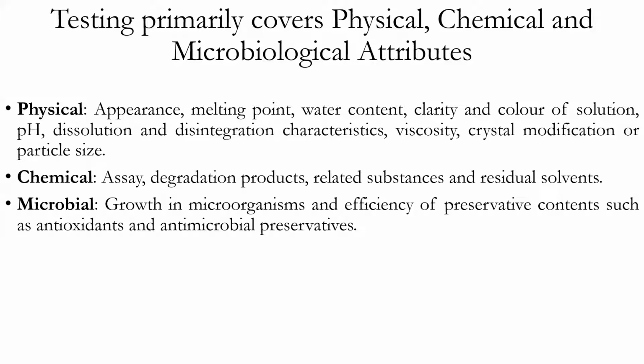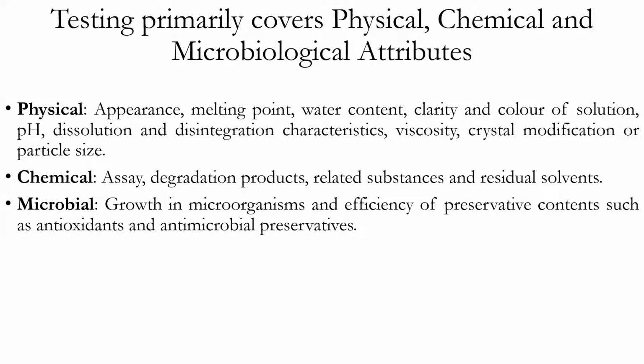Under physical, you can say the first is the appearance, melting point, water content, clarity, color of solution, pH, dissolution, disintegration characteristics, viscosity, crystal modification, and particle size. These are the parameters for physical attributes.